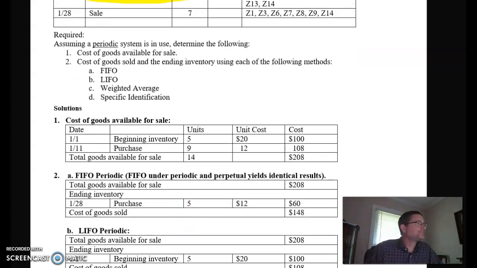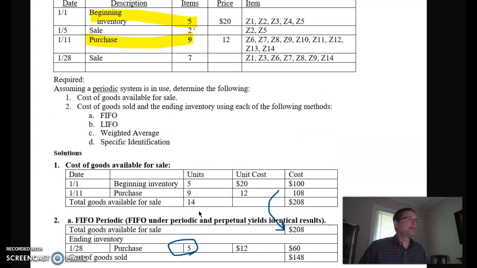All right, so we're going to work FIFO, and we already calculated goods available for sale. We know we have 5 units in ending inventory. We've already talked about that. In FIFO, we start up here and work our way down selling. That's the direction we go.